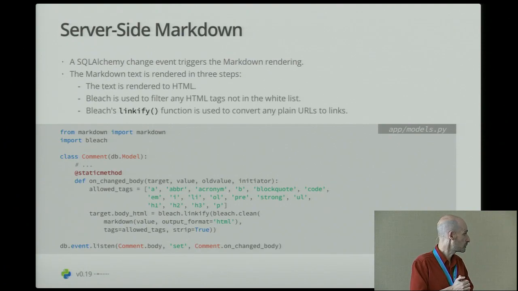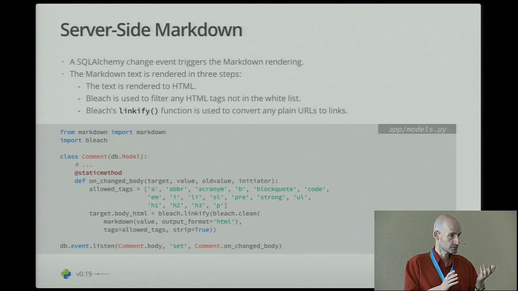In this case, when a field is changed. So if you look at the bottom line, I'm saying that when comment.body is set, I want this function to be called. And that's my function, and I created it as a static method in the comment model. It could be a standalone function too, but for context, I wanted to have it in the comment.